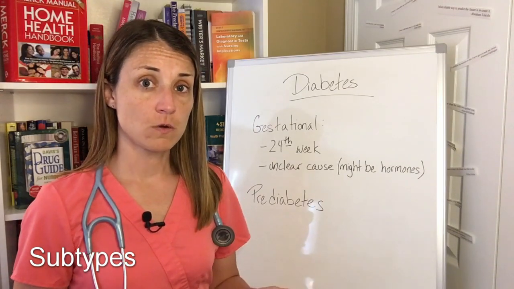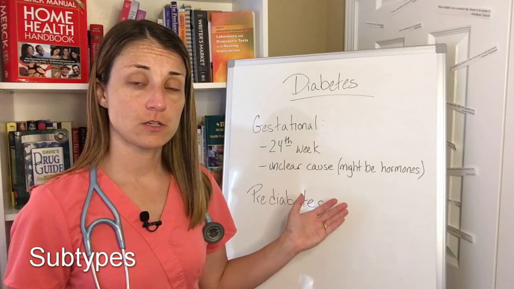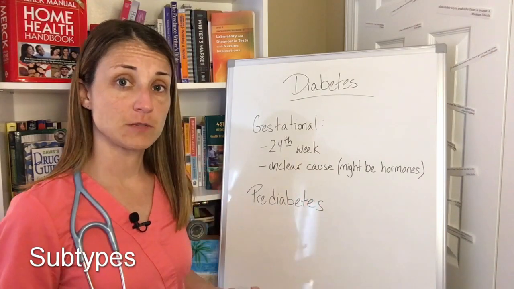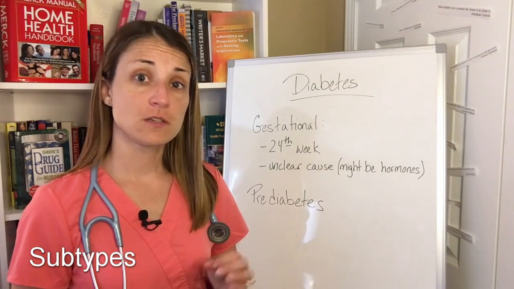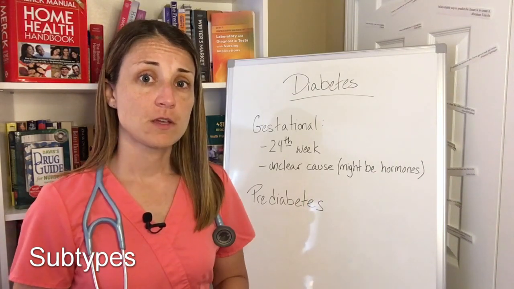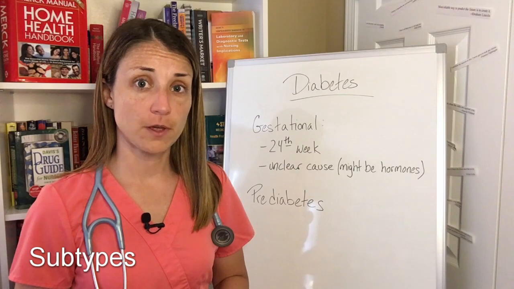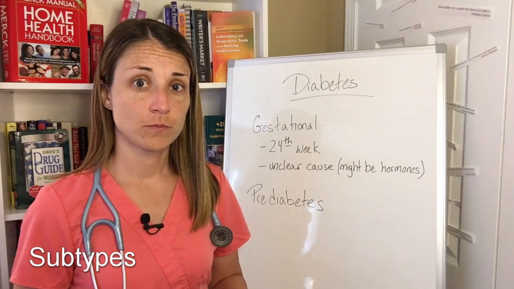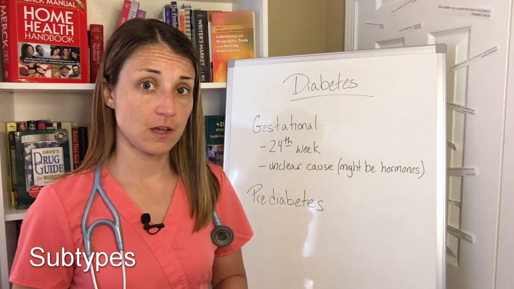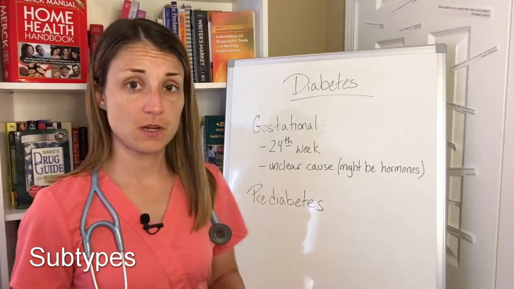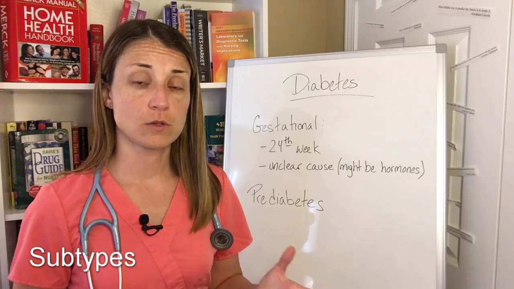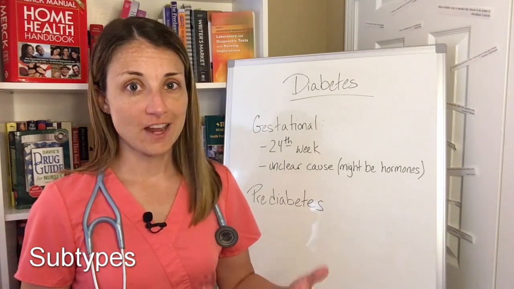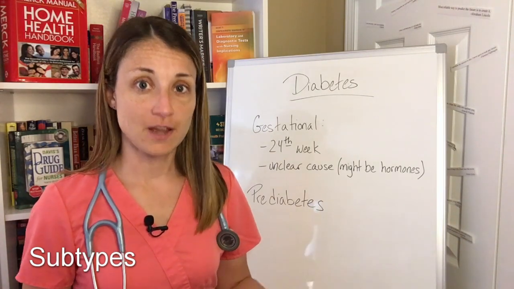It's important to note that just because a woman has gestational diabetes doesn't mean she had diabetes before, nor will she have diabetes after her pregnancy. But it does need to be addressed during because it can be very harmful to both the mother and the baby. A different subset is also called prediabetes, and this can occur in any individual. And this is when blood glucose levels are elevated, but not high enough to be considered full-on diabetes.